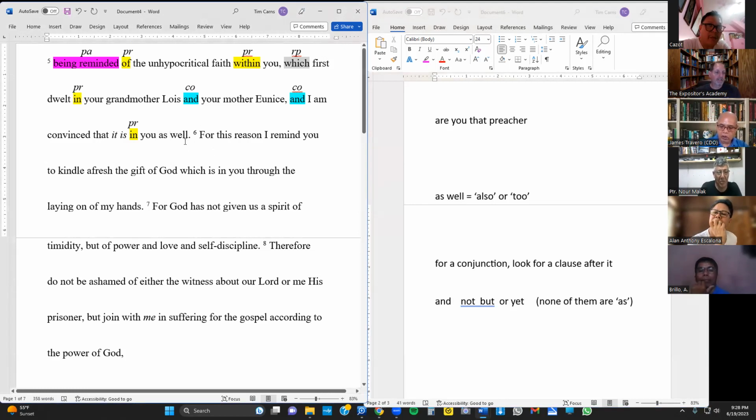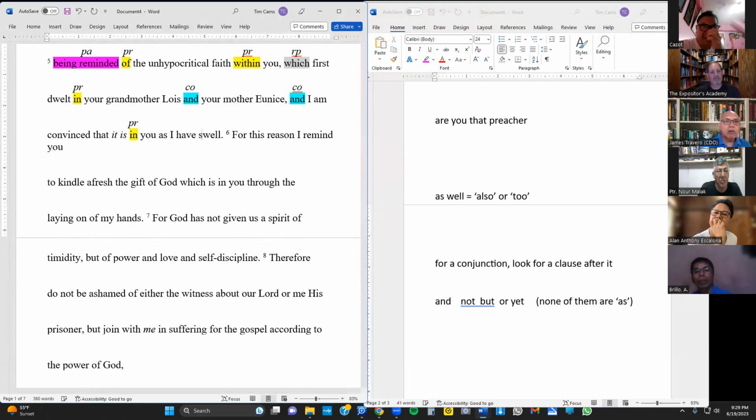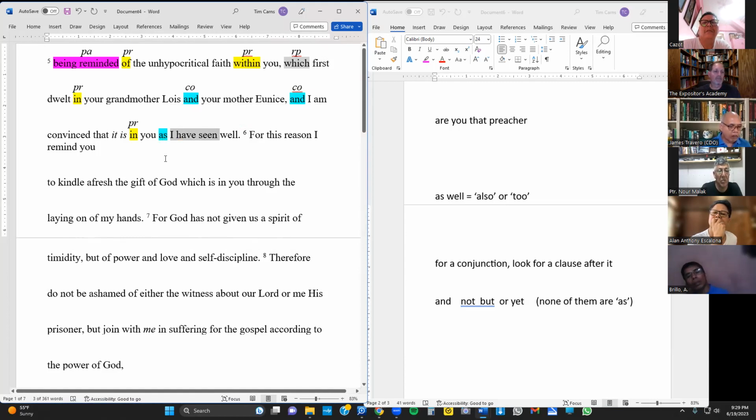So something like this: I'm convinced it is in you as I have seen. Notice I, subject, have seen, verb. So in this case, as would be a conjunction because it's followed by this dependent clause. So it's acting like a conjunction. It's telling us how I'm convinced.